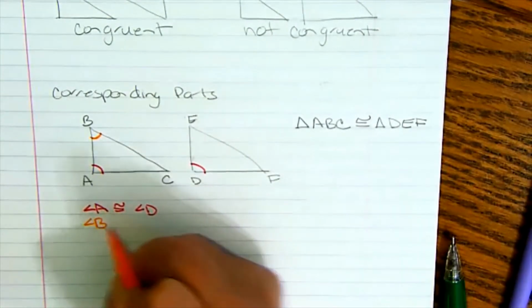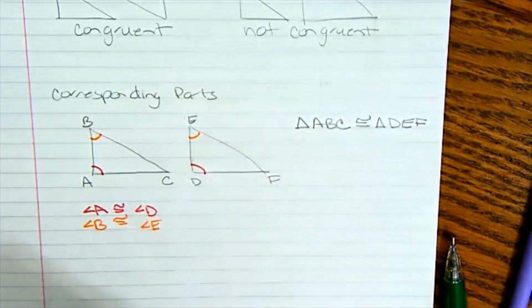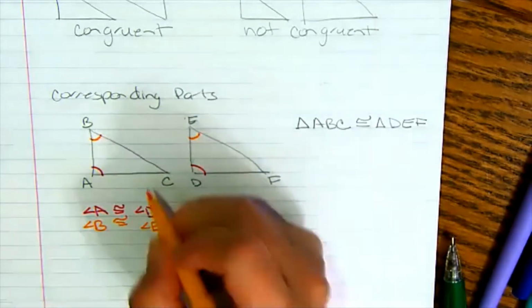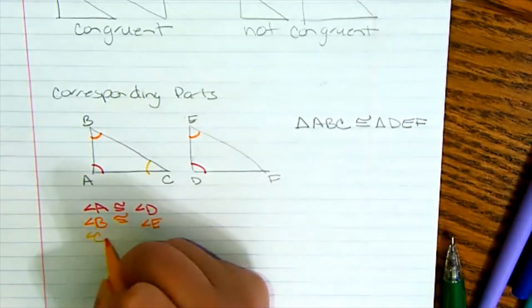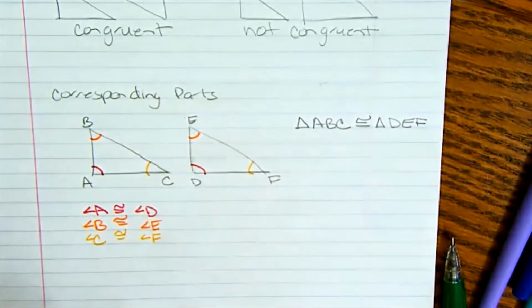Angle B is congruent to angle E. And angle C is congruent to angle F.